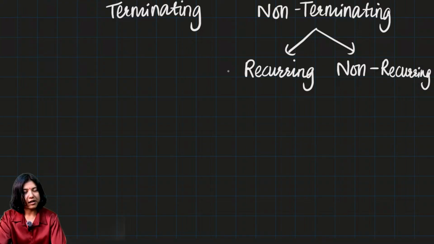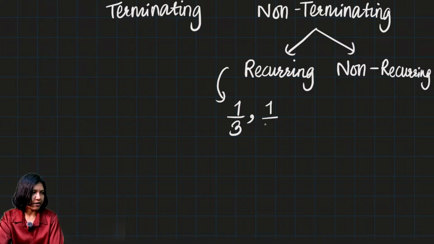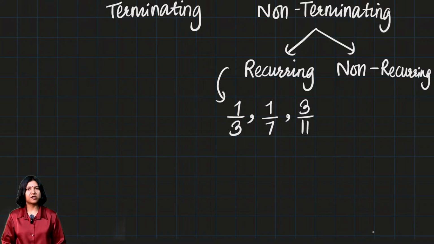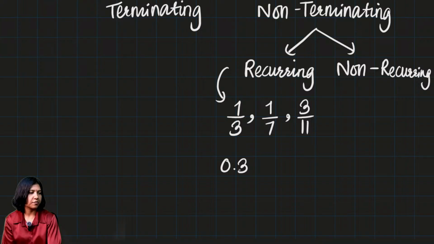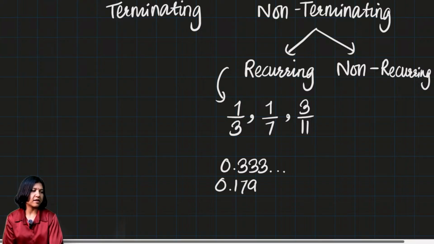When it is recurring, like I showed you the example of 1/3 or maybe 1 out of 7, or 3 out of 11, you will see that the digits will keep on repeating. So 0.33333 or maybe 0.179, 179, 179 and so on.